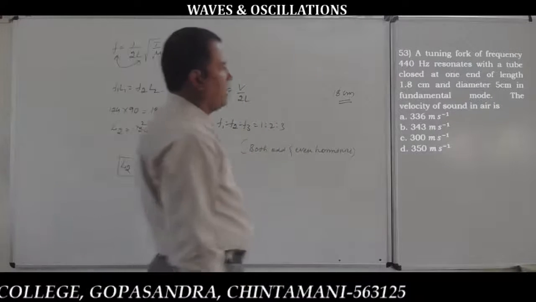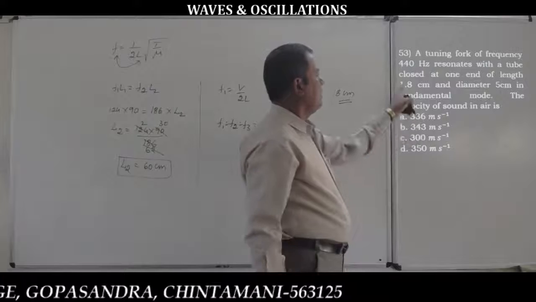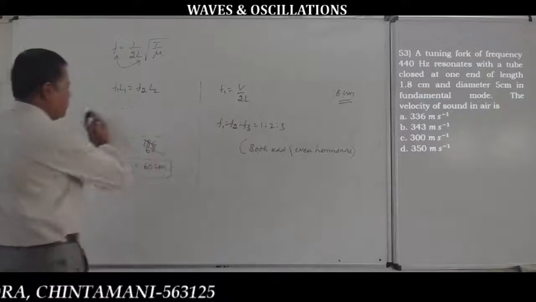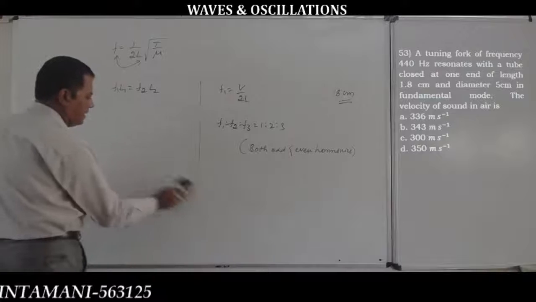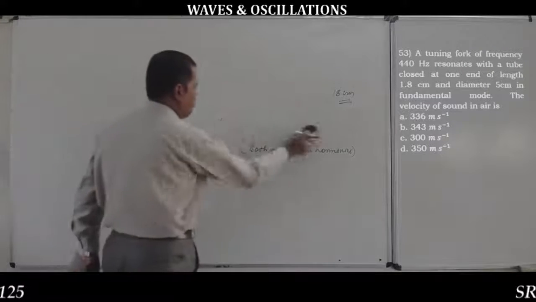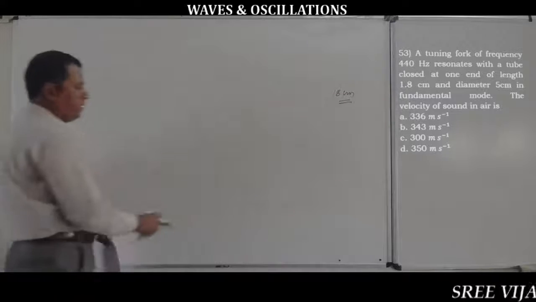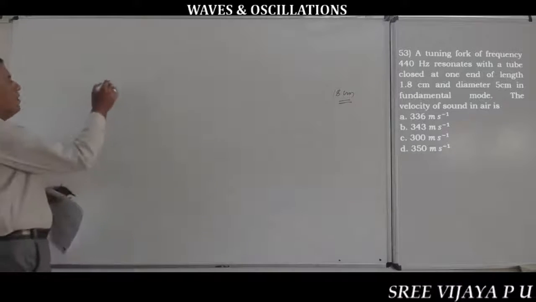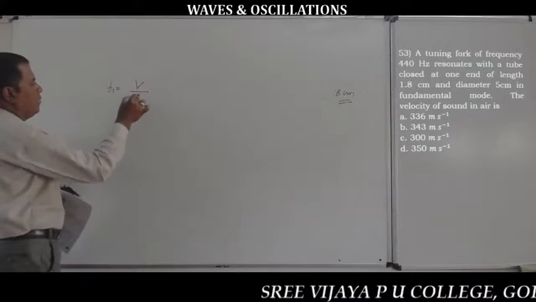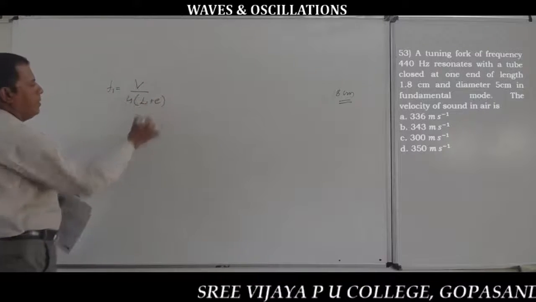The velocity of sound in air is, tube closed at one end. So if it is closed at one end and open at the other end, it should be treated as a closed pipe. In case of a closed pipe, the fundamental frequency after applying the end correction will be given by F1 is equal to V divided by 4 into (L plus E).